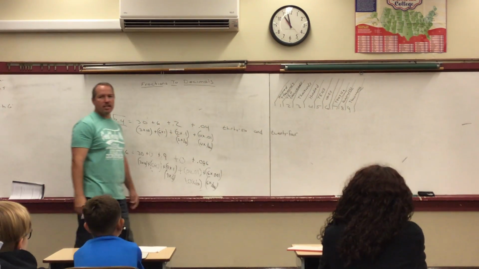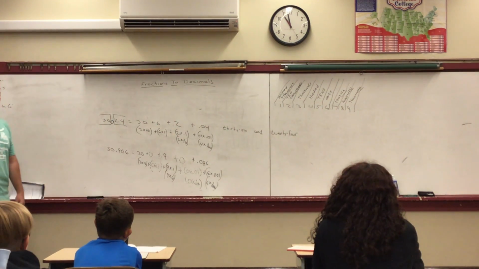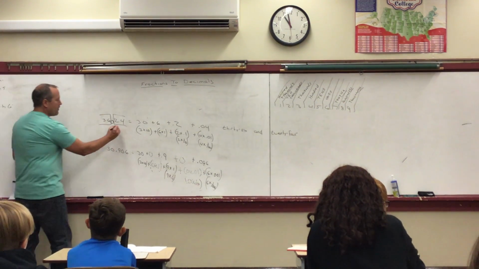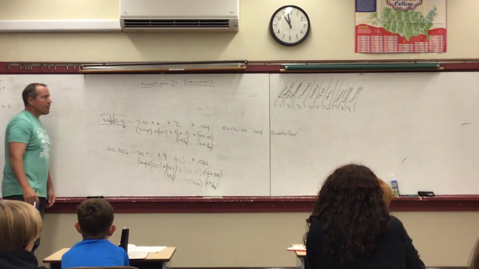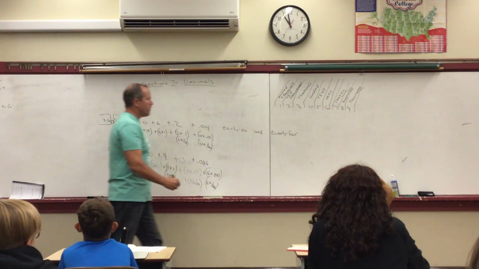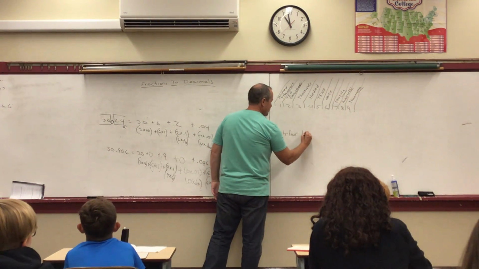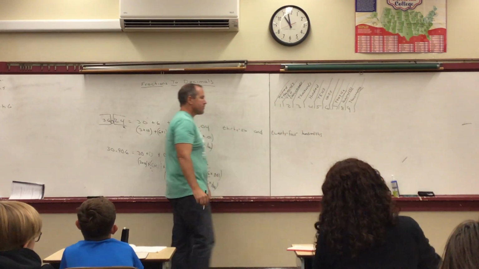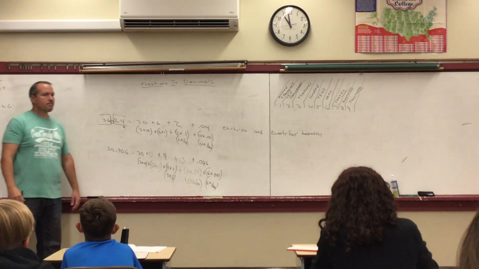And then the last part that we read, when we're reading a decimal, would be what? The place value of the last digit. That 4 is in the hundredths, so it would be 24 hundredths. Okay?